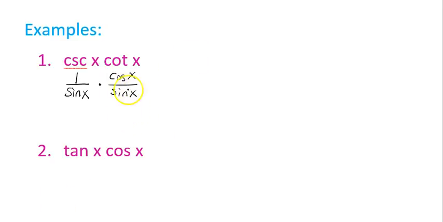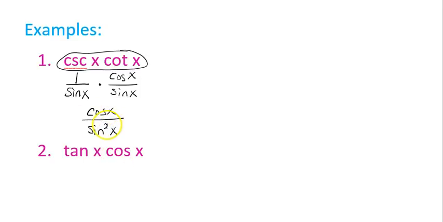Okay, and I just realized that I typed this wrong. I was supposed to type tangent, so I'll finish this, but then I'll show you what I meant to do. In this case, really, cosecant times cotangent is the most simple form, because when I get it here, if you multiply across, 1 times cosine is cosine, and sine times sine is sine squared.